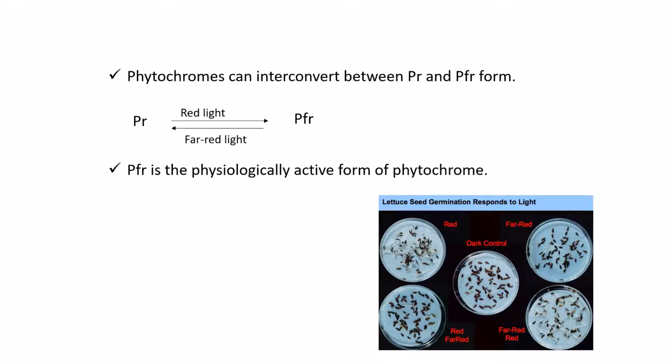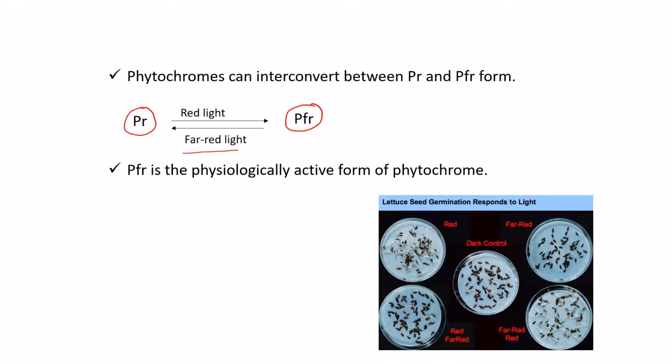As I told you, the PR and PFR forms are interconvertible. So phytochromes can interconvert between the PR and PFR forms. PR absorbs red light and converts to the PFR form, and the PFR form absorbs far red light and converts to the PR form.